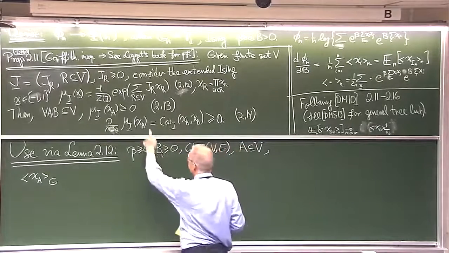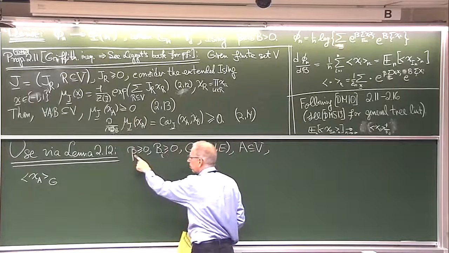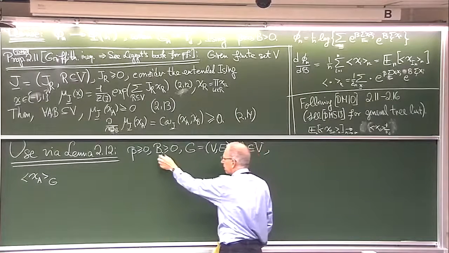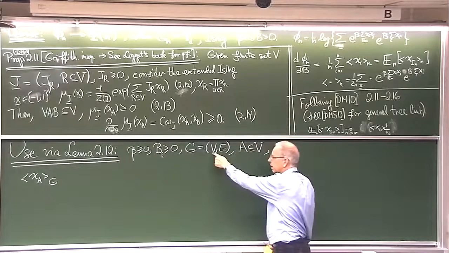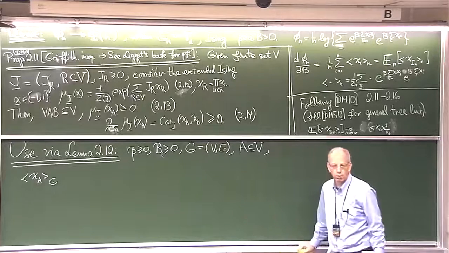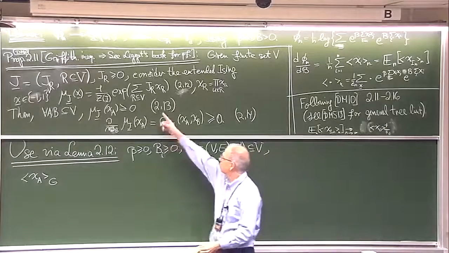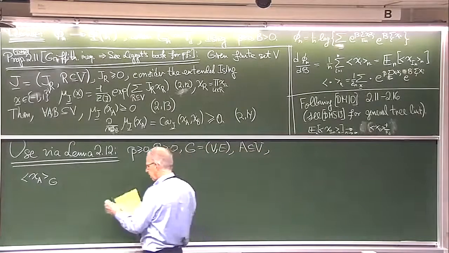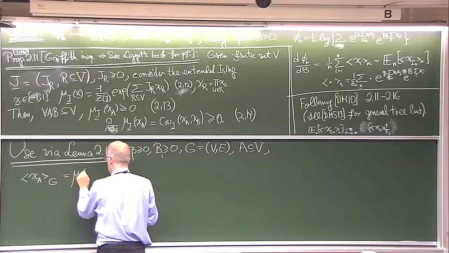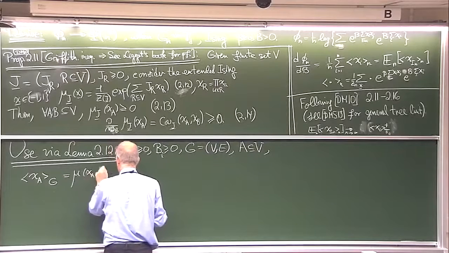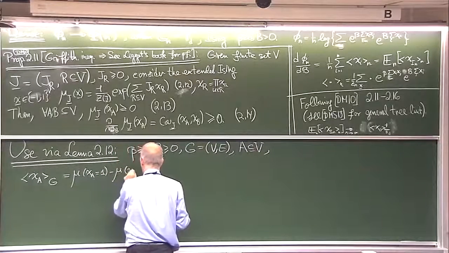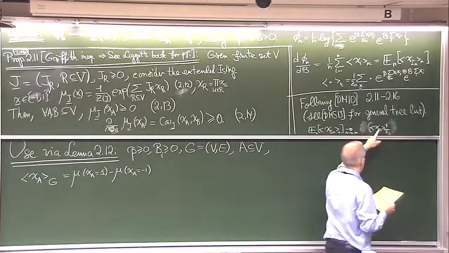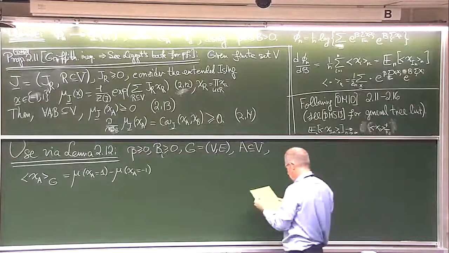This is a special case of this model, again, with one parameter beta for all the elements of E, for every pair, and the parameter b_i for the single element i, and everybody else gets J equal to 0. If J is equal to 0, it's simply the same as not putting such products in the sum. Okay, then what is this quantity? This is just mu of x equal 1 minus mu of x equal minus 1. This is exactly one of the quantities we might be interested in calculating here.